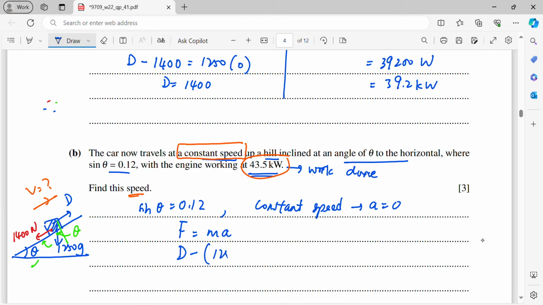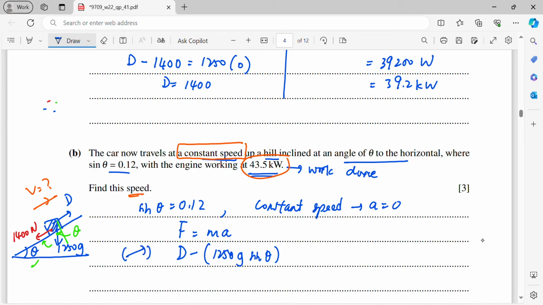So it will be 1250 g. Since theta is not the angle between the plane and the weight, I'm going to use sine. So this is your force after you resolve it.